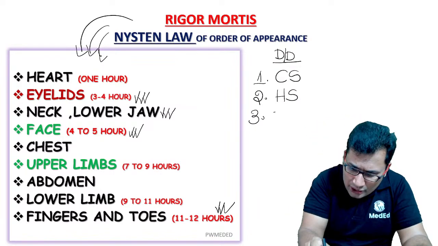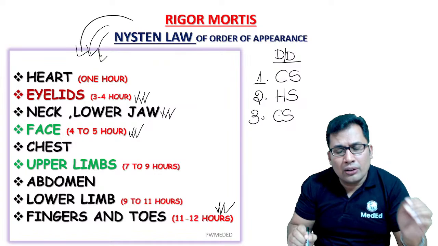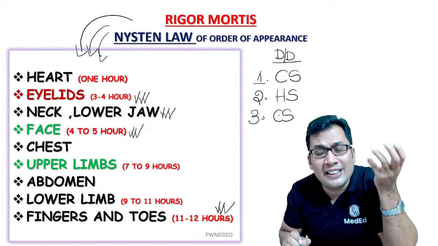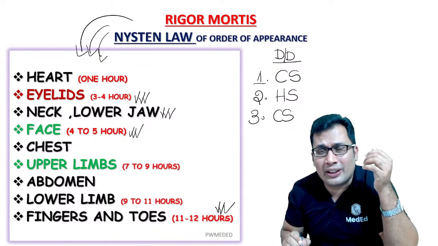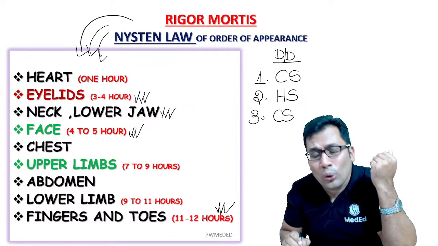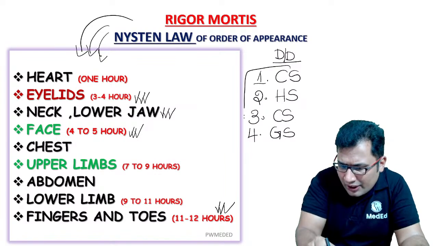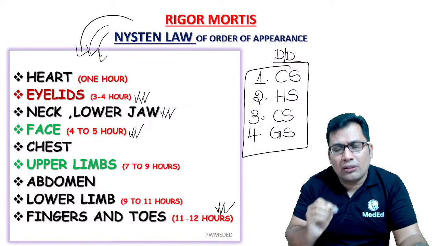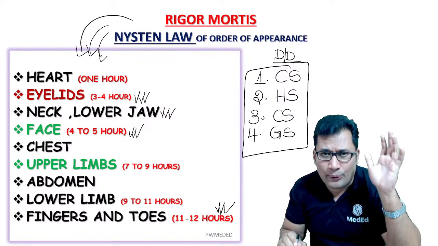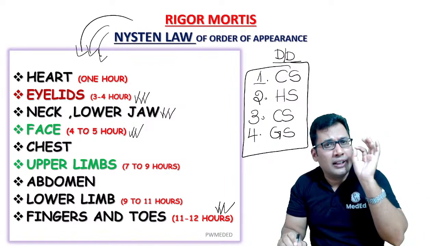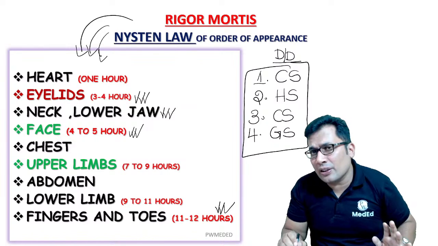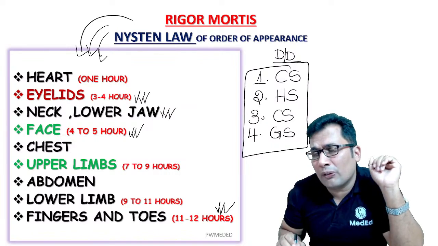Third one, cold stiffening. Because of the freezing temperature, muscle protein undergoes coagulation. Last one, gas stiffening, GS. Gas stiffening is because of putrefaction.